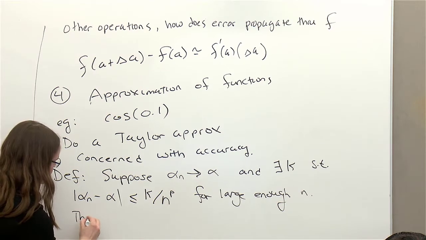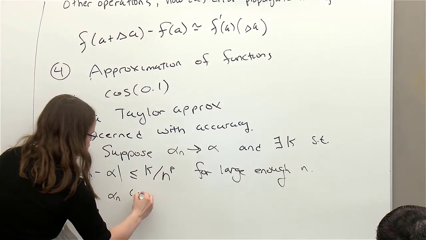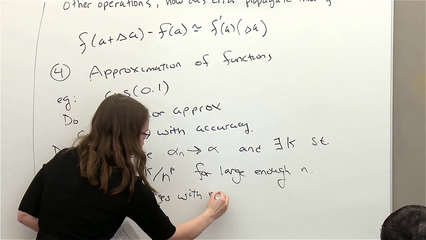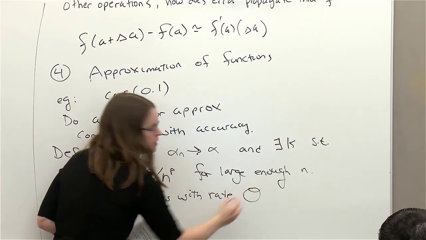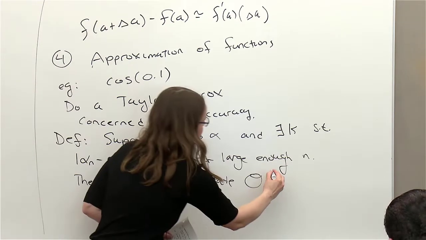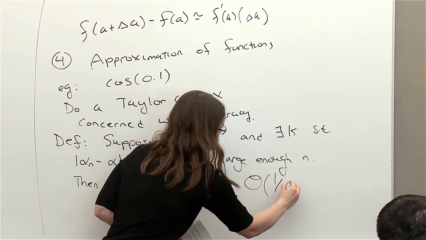Then we're going to say that alpha n converges with the rate big O of 1 over n to the p. Have you seen big O notation before? Most of you?